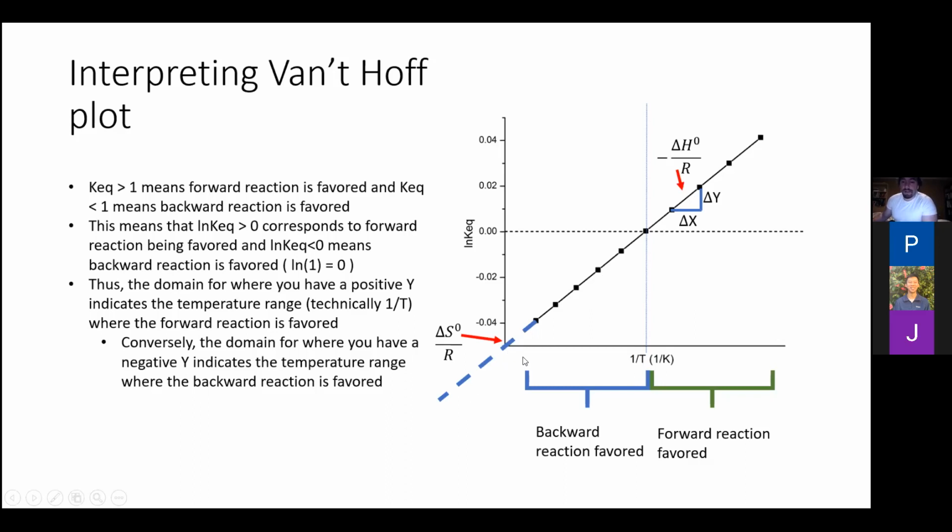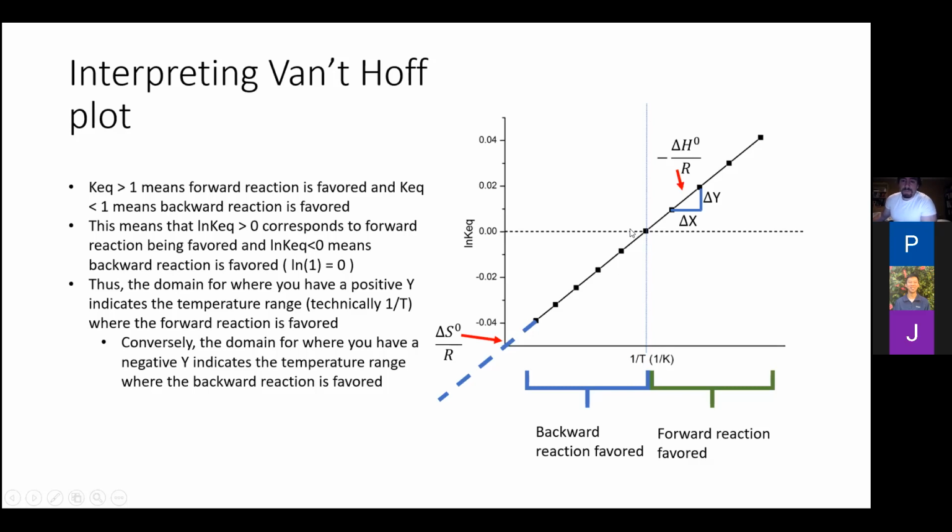You can't actually test 0 because that would require infinite temperature, since it's 1 over T. Similarly, you can find the slope and use that to find the enthalpy change. You get two regions, below the x-axis and above it, which isn't shown well here because the zero point is this dashed horizontal line.